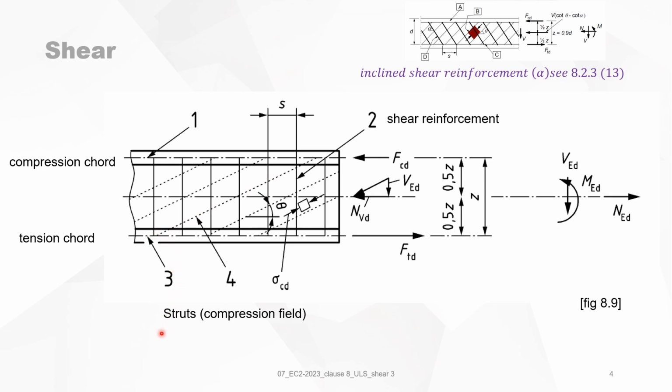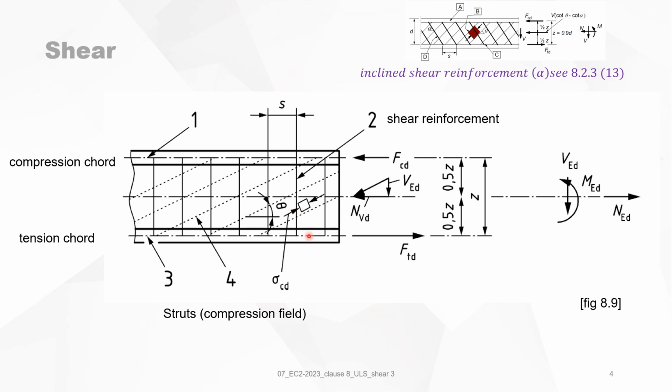Now in 2023, we talk about compression fields instead of struts. So the basic principles are: you have a compression cord on top, a tension cord on the bottom, and they are connected with compression fields or compression struts.